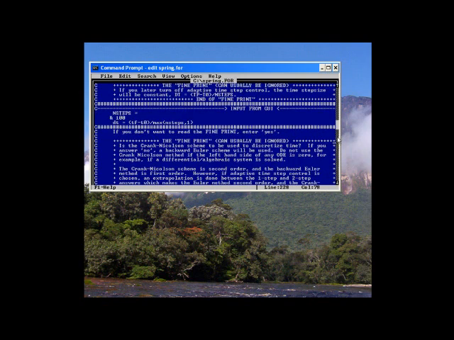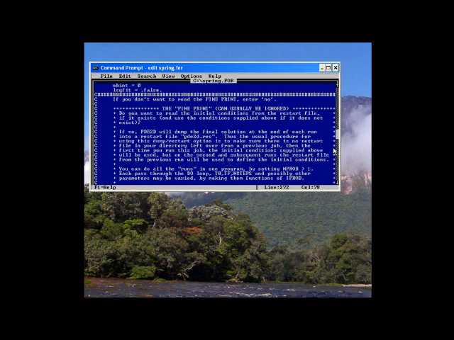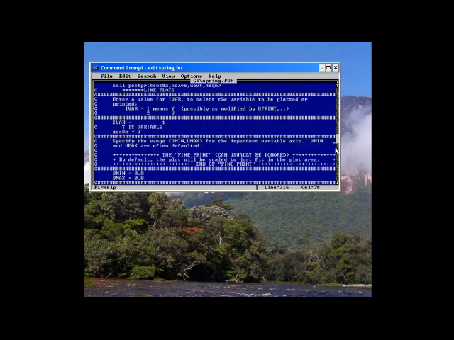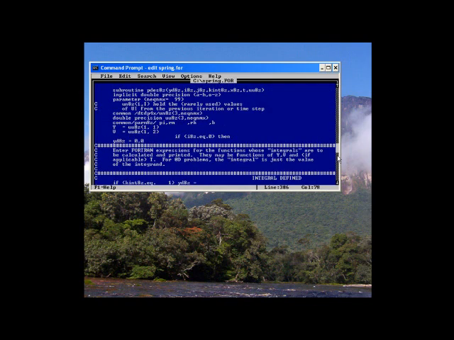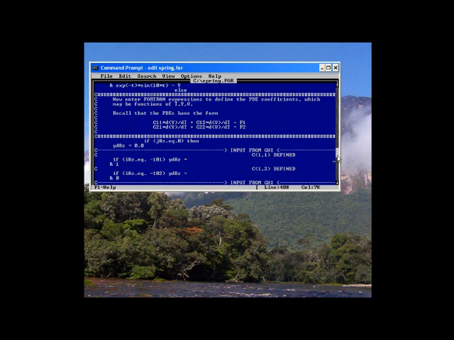A lot of variables are chosen for you, but what you chose in the GUI will be noted with a little comment that says input from the GUI.